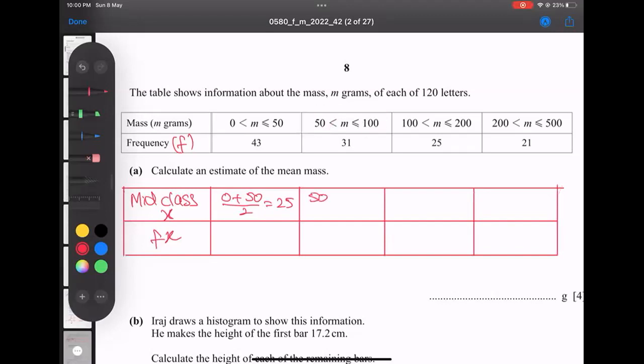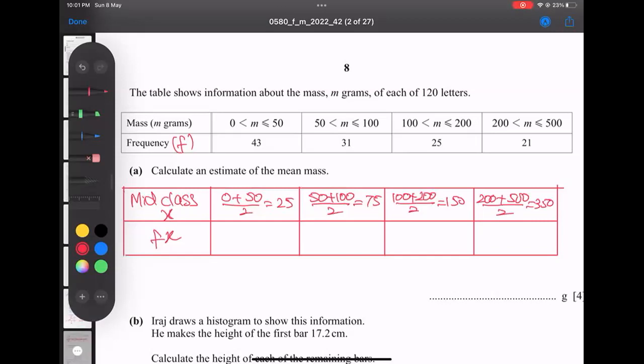Type like this, 50 plus 100, 150 divided by 2. I got 75. Similarly, 100 plus 200, I got 300 divided by 2, I got 150. 200 plus 500, 700 divided by 2, I got 350.